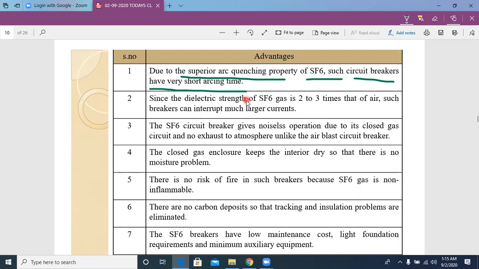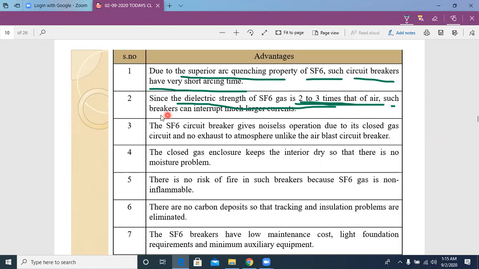Compared to air blast, the SF6 circuit breaker operation time is very low because it has more dielectric strength than air. The dielectric strength of SF6 gas is 2 to 3 times that of air. So that's why we prefer SF6 instead of air.